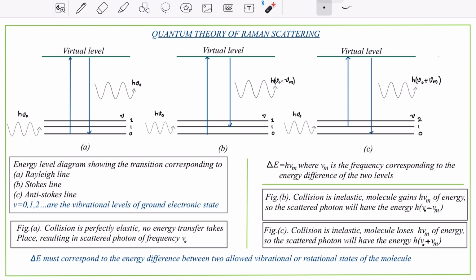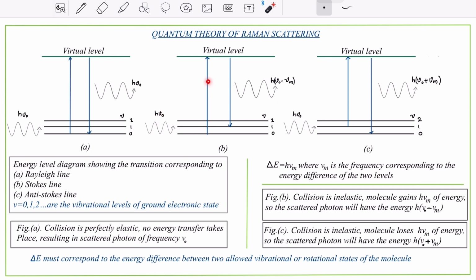In the first figure, it is shown that the molecular system absorbs h nu 0 amount of energy and undergoes a transition from the ground level to the virtual level. And in figure B, the molecular system absorbs h nu 0 radiation.